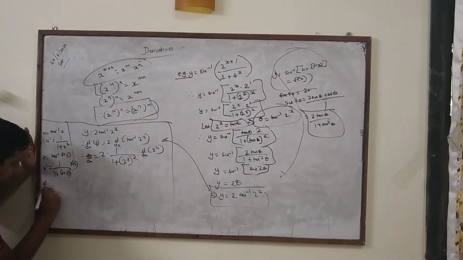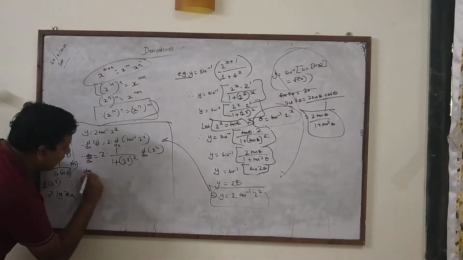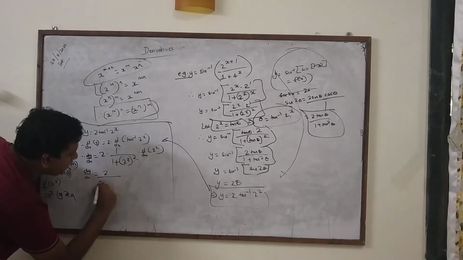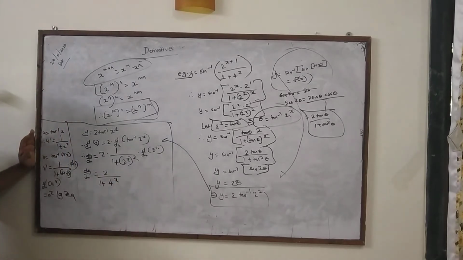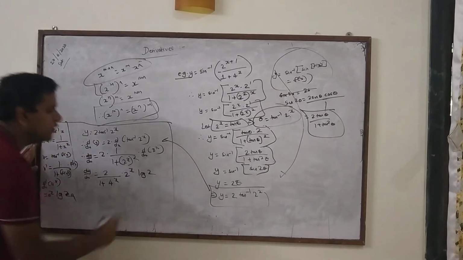I also know d by dx of any a raised to x is equal to a raised to x log a. So dy by dx is equal to 2 upon 1 plus 4 raised to x into 2 raised to x log 2.